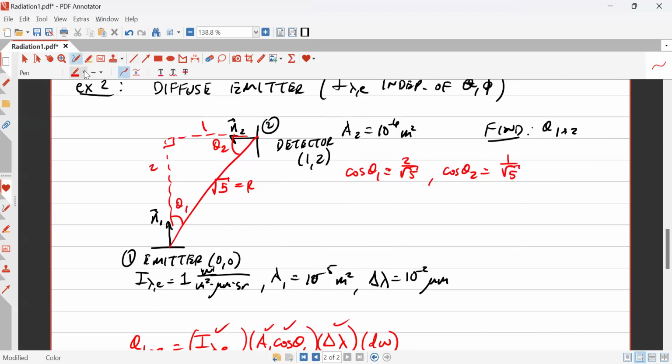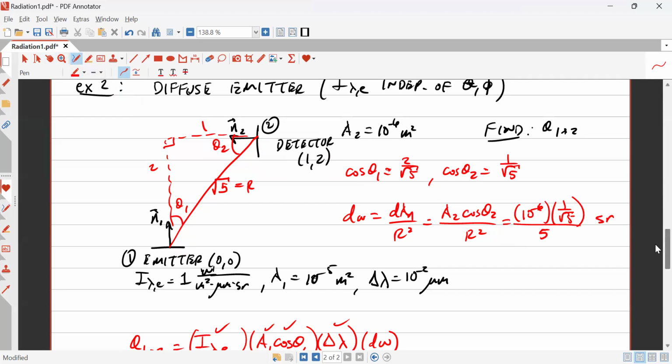So d omega, which is dA sub n over r squared, would be A2 times cosine of theta 2 over r squared. And so we're using the projected area here. So if you're on the emitter and you look up, how much of the detector do you see? Well, you have to take that theta into account over there. So this ends up getting you 10 to the minus 6, cosine theta 2 is 1 over square root of 5, and then r squared is 5.